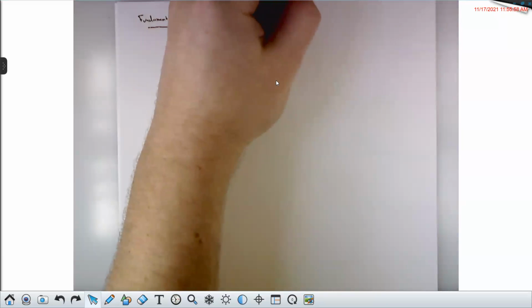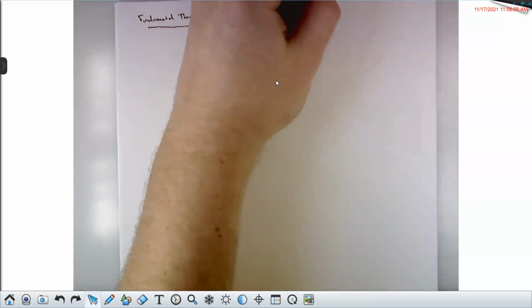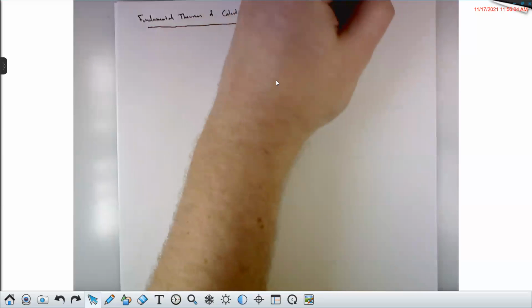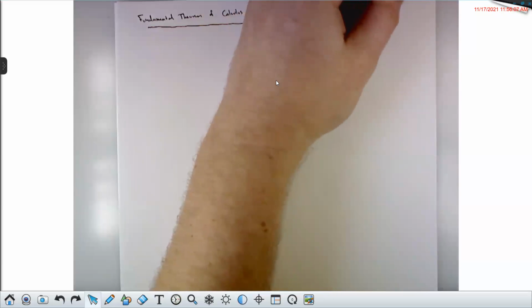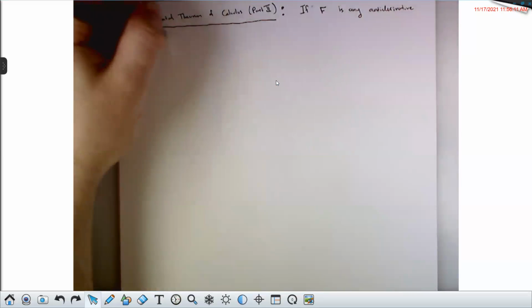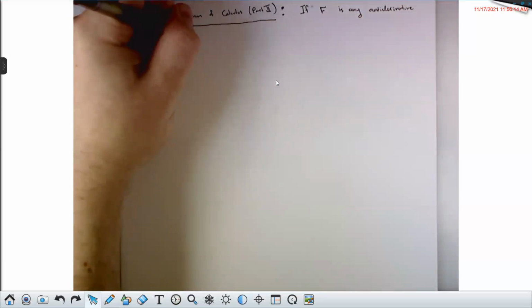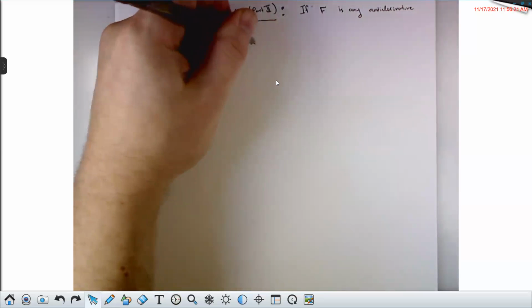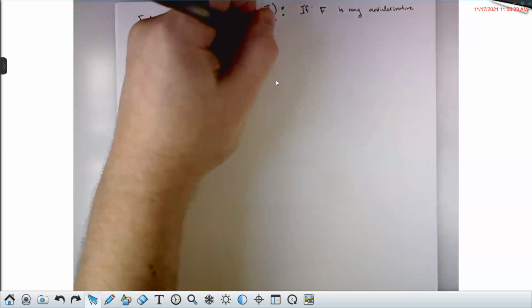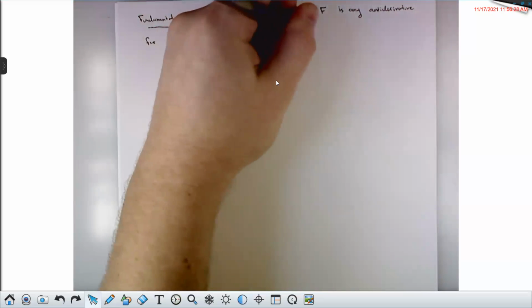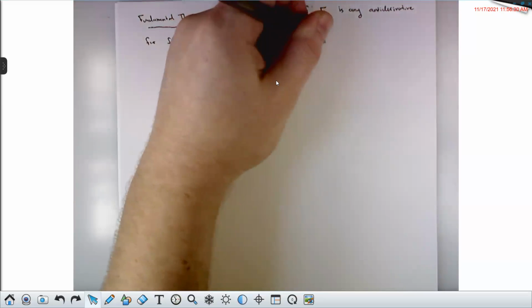It just says if capital F is any antiderivative for little f, then the integral from a to b of little f of x dx is equal to capital F of b minus capital F of a.